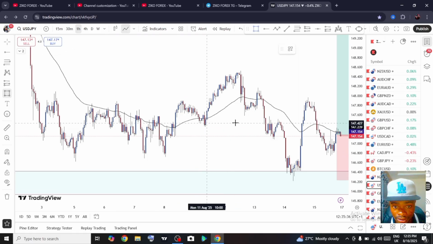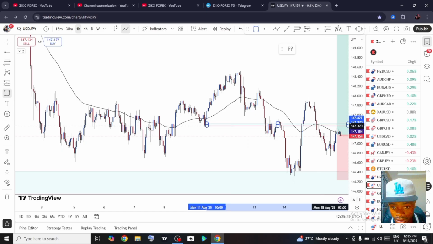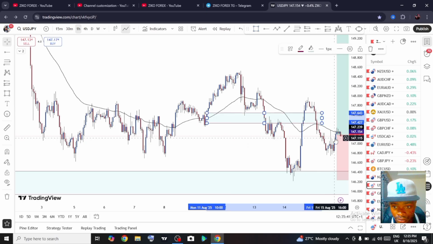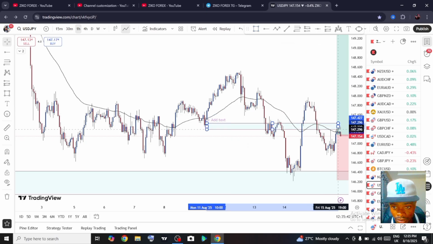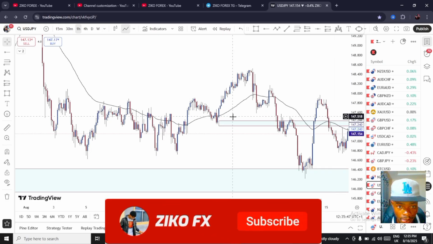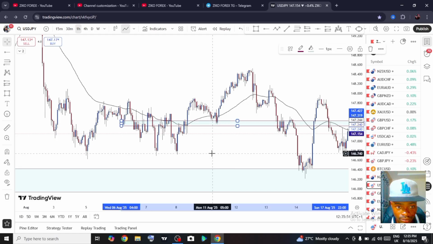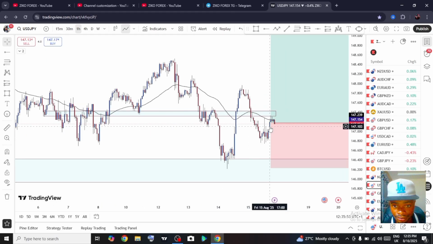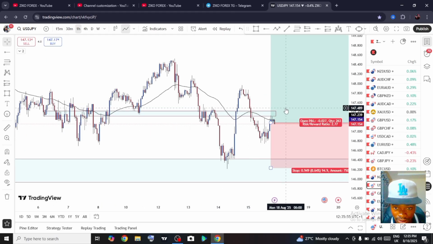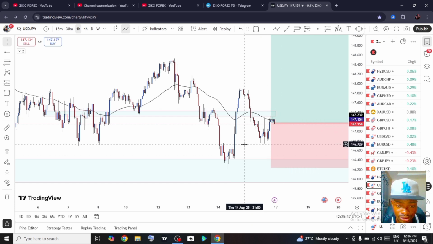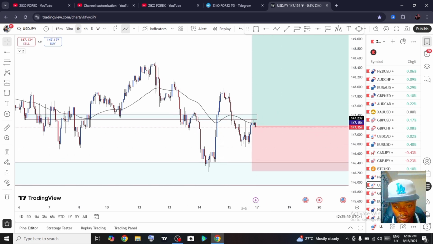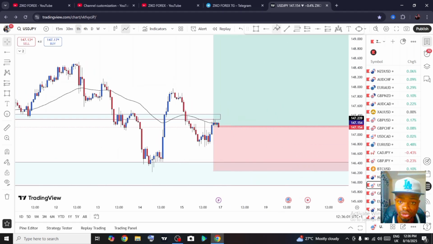So maybe, let's see. If you wait for a break and retest above here, it's still not safe. Why? Because it means your stop loss will be tighter.